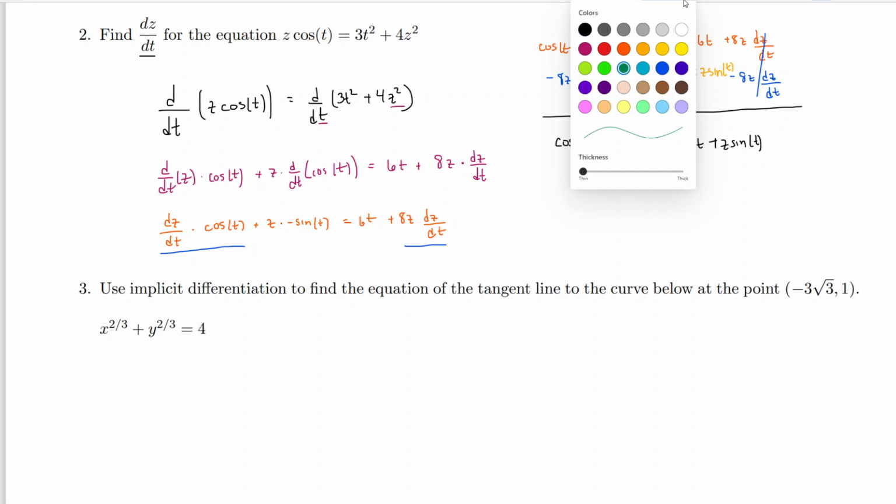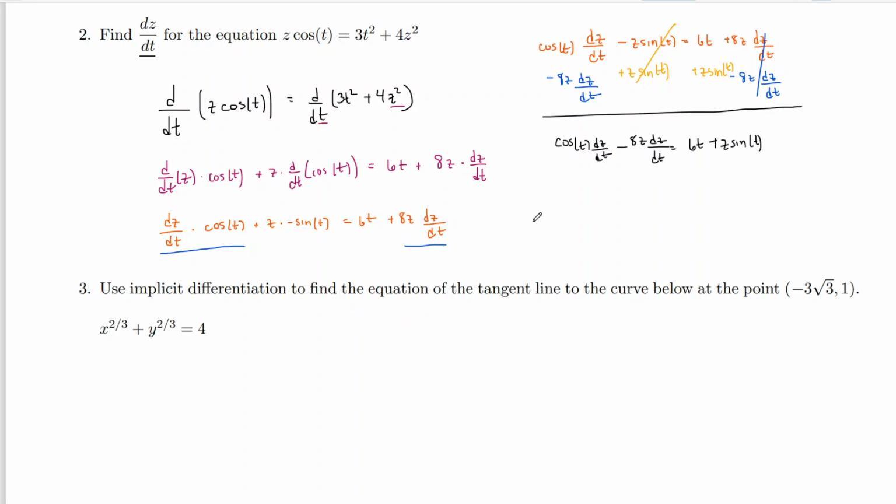But it's really the same steps to solve once you get the main first step done. We factor out the dz over dt, and we have cosine of t minus 8z equals, and then the right side we're not doing anything to, just 6t plus z sine of t. And now we are just multiplying dz over dt by this.